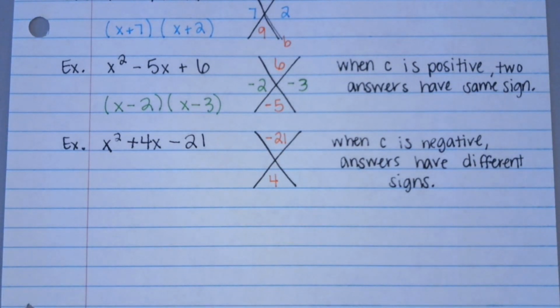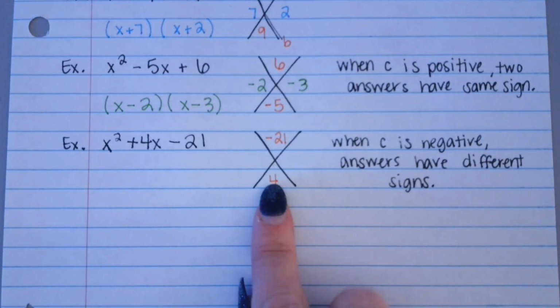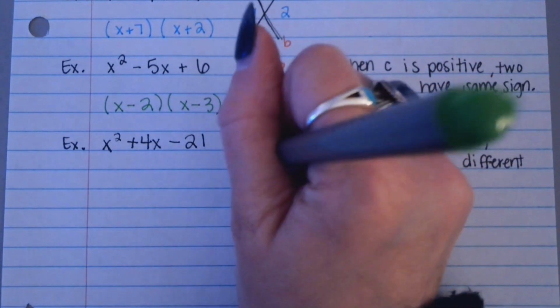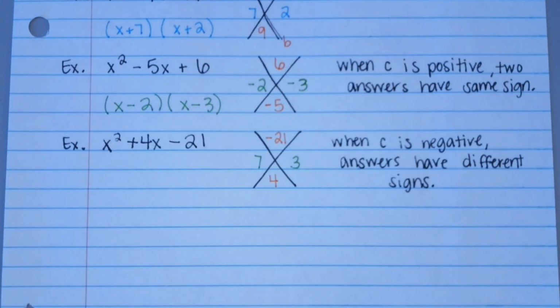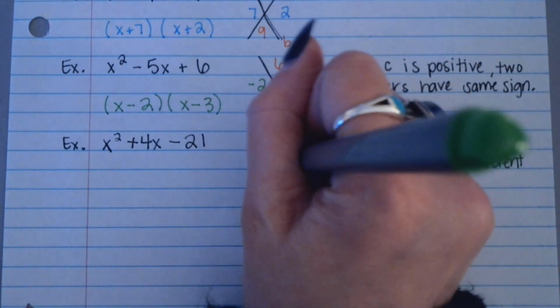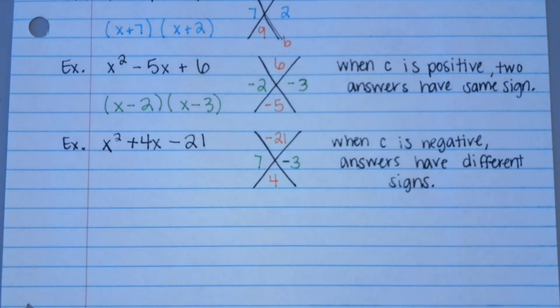And it's actually really easy to figure out which one has to be positive and which one has to be negative based on what your B value is. You know it has to be 7 and 3, right? But how do I take 7 and 3 and make it equal to positive 4? Negative 3, or 7 minus 3.